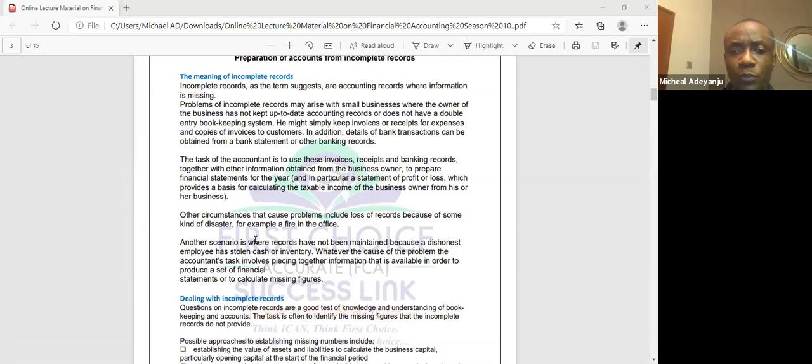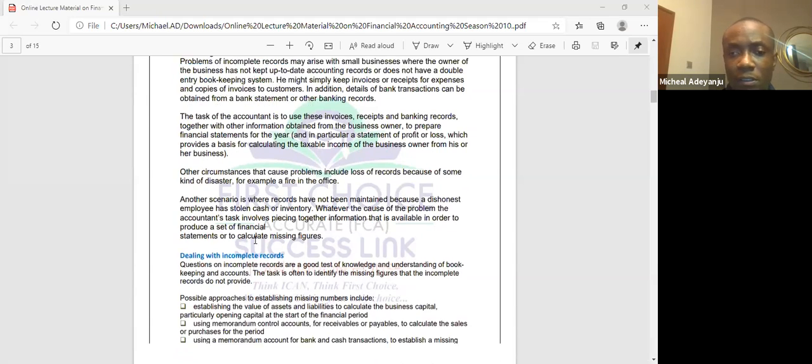So the purpose of incomplete records is to get accurate details of some transactions like sales, like bank, like purchases, like debtors, like creditors, and so on and so forth. So that's the purpose of an incomplete record, or for example, your inventory itself.